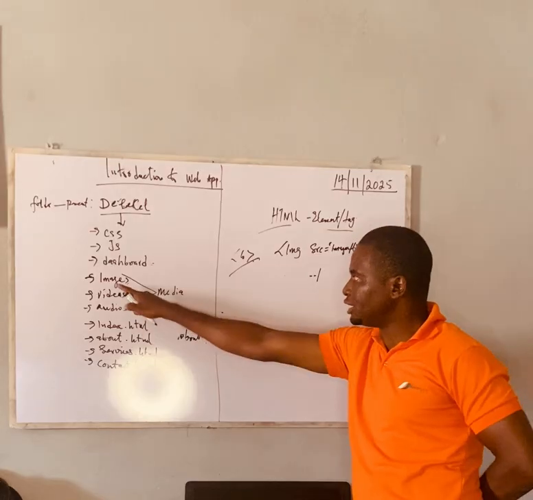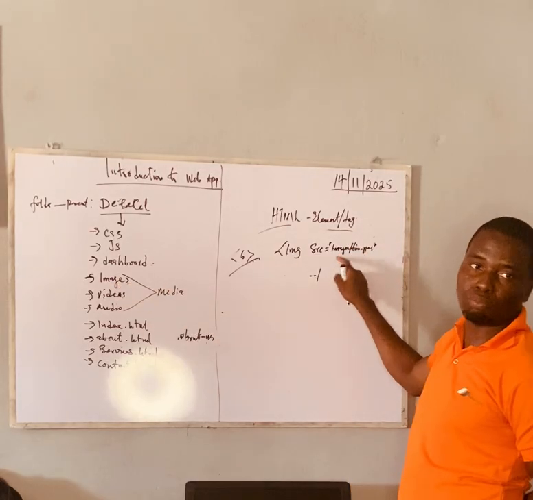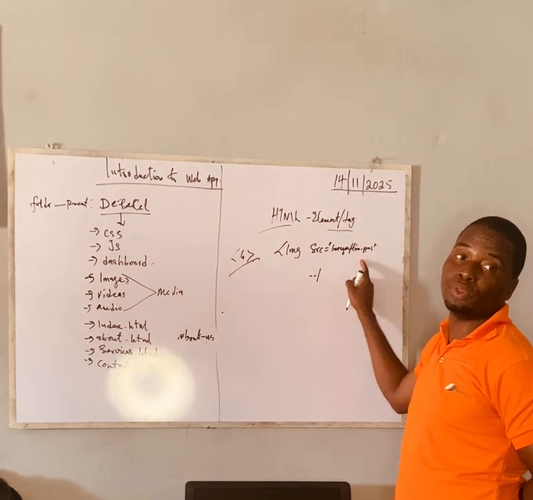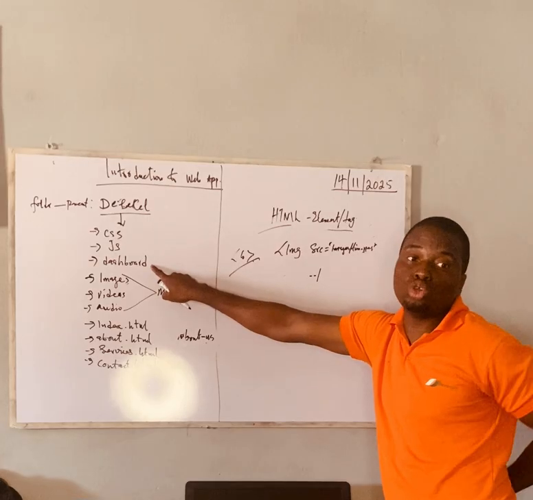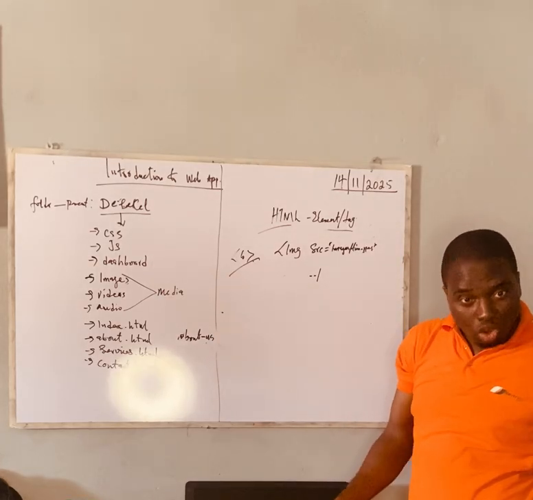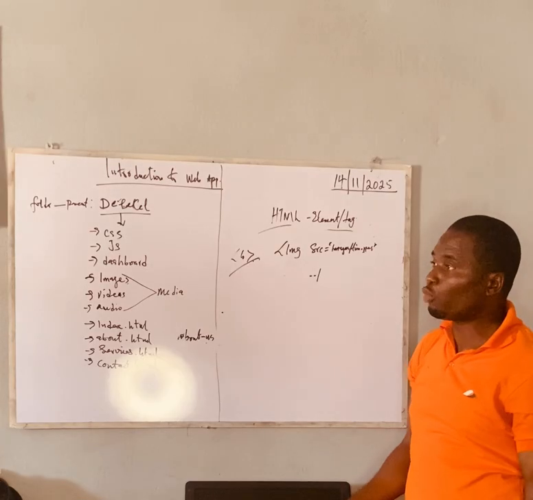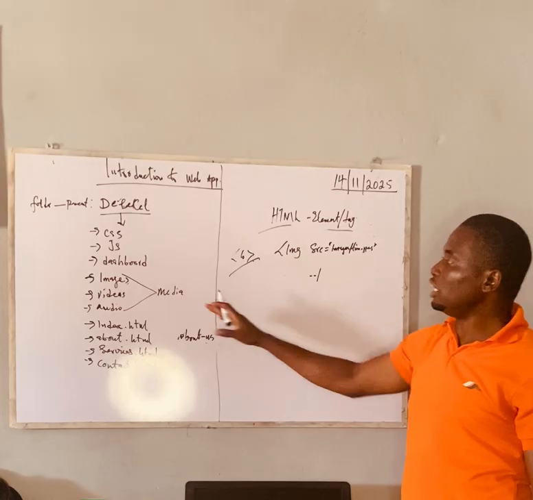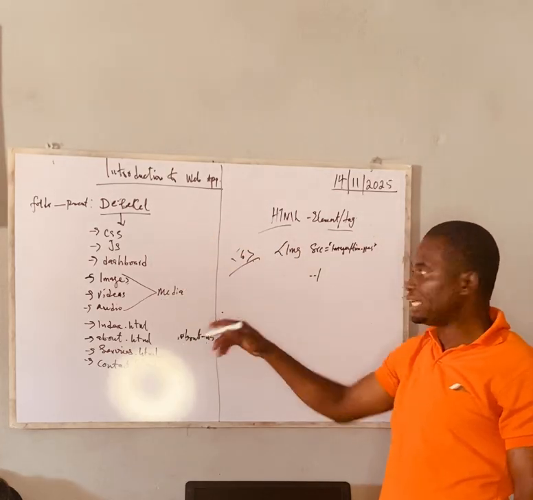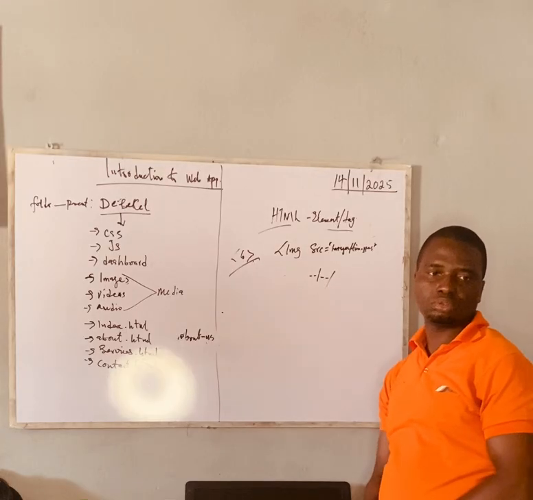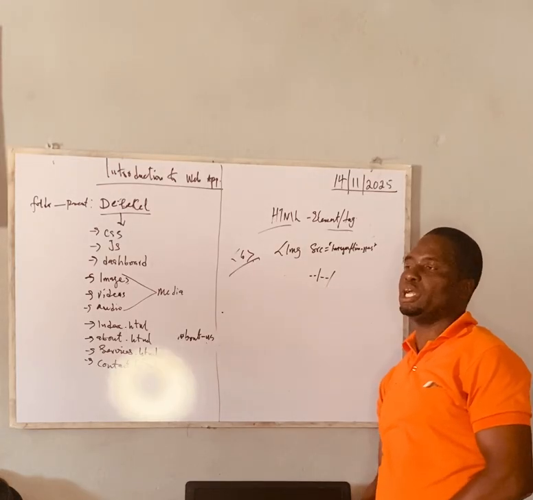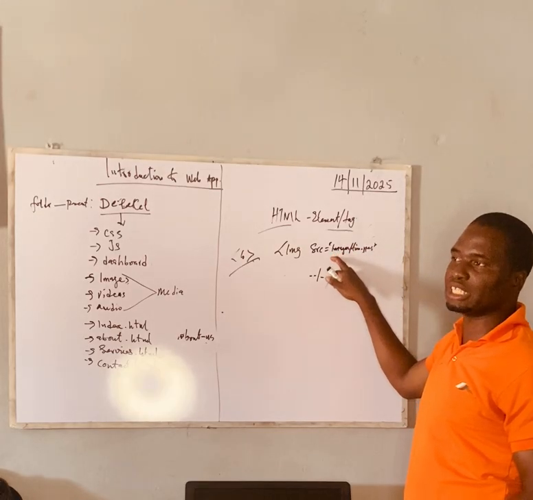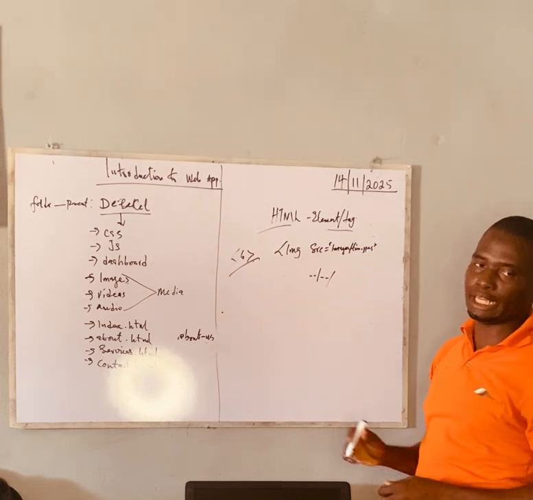The door is images, you put your slash, you knock. Then you call the image you are looking for. But if you are inside another folder, so you are not seeing the door, you have to come out from your folder. For you to come out, you use two dots and slash. If you are inside a folder, then you have to come out 2 times. Are we together? Then when you come out, you call the folder the images are in, then the name of the image, and then you are there.